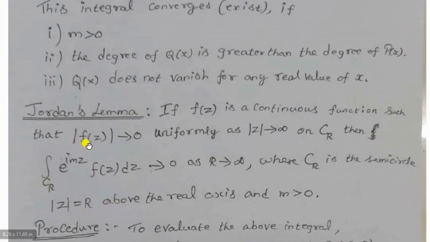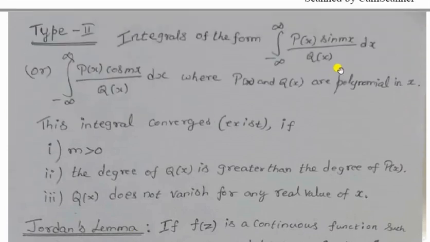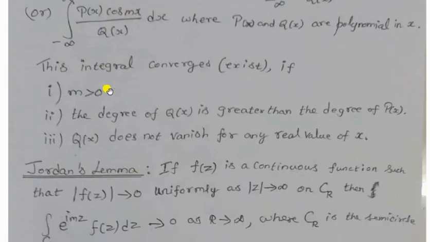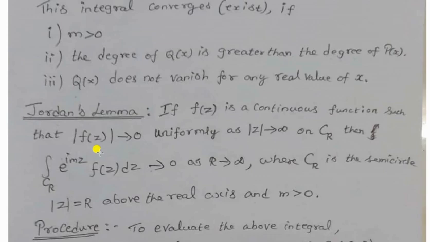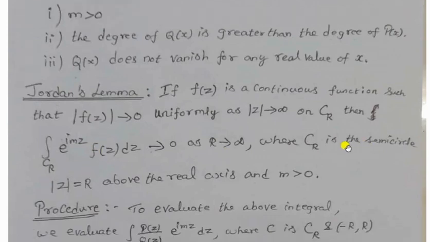But here, along with f of z, you have the exponential function. So in the problem also, you are going to convert and rewrite sine and cos as exponential. So this Jordan's lemma will be applicable for that type.